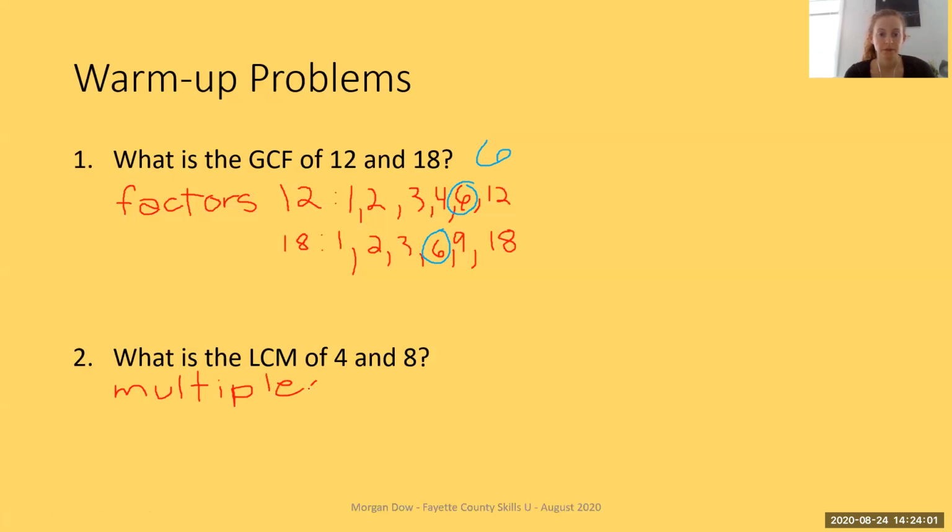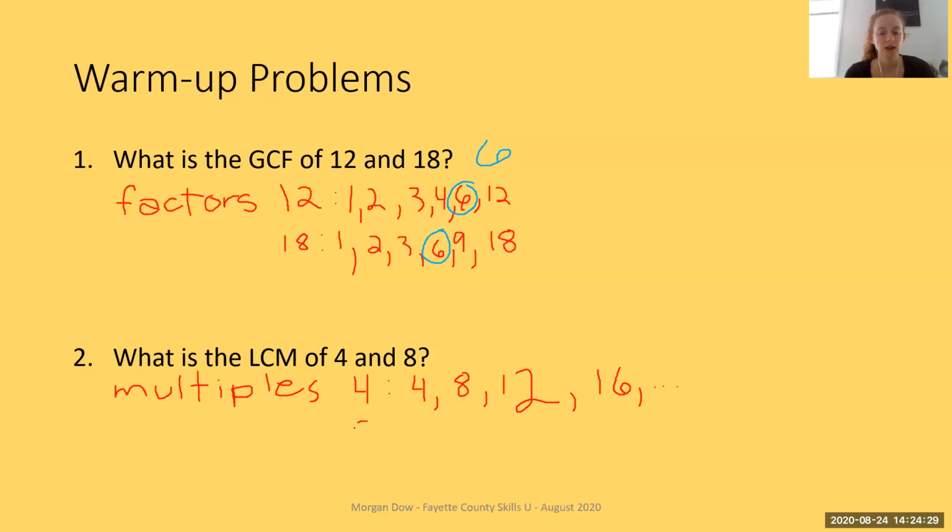Well, 4 times 1 is 4. 4 times 2 is 8. 4 times 3 is 12. 4 times 4 is 16. And we could keep going, but I'm going to stop there because that'll be enough for us.